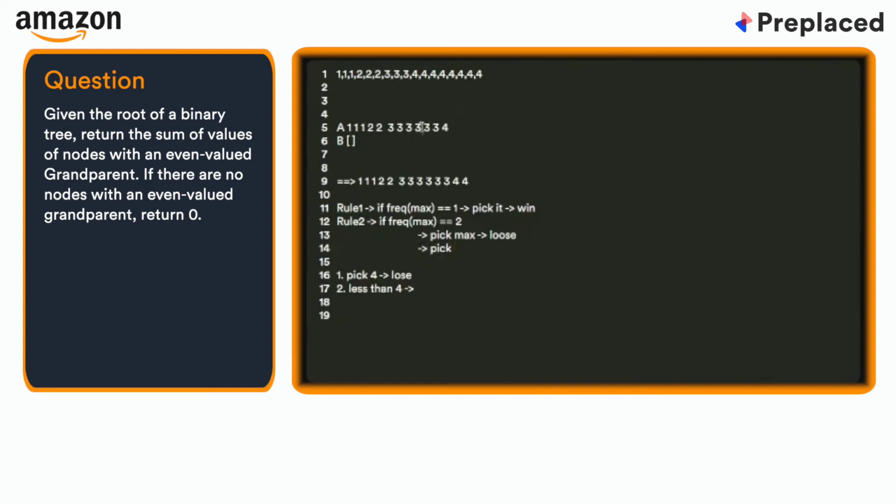If the number is less than this one, I will be left with either 4 4 or 3 4 4. Yeah, pick a number which is less than max, and it will continue the game.